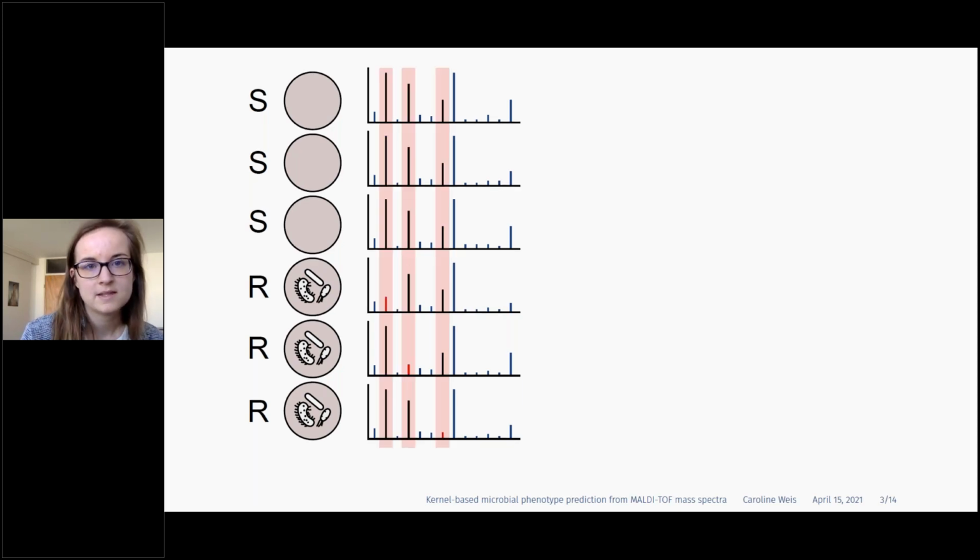If you look at the spectra, you might not see any differences, or if you apply univariate testing, you would not find any significant biomarkers. But if you apply machine learning algorithms to this data set, you will find patterns like these, where if any of these three highlighted peaks is lower than the others, you suddenly get a signal that you can use to predict resistant isolates.